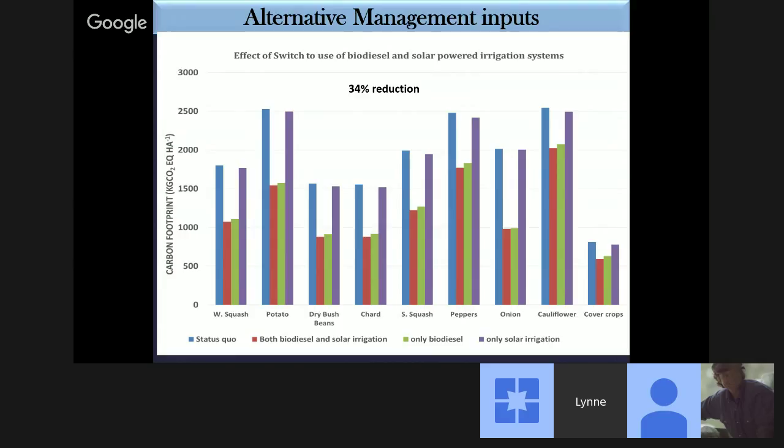Versus comparing the blue line to the green line, where we looked at converting from fossil fuel diesel to biodiesel, had a major impact, reducing the carbon footprint in total. Or if she did both of those choices, she could reduce the total carbon footprint of her farm by 34%.